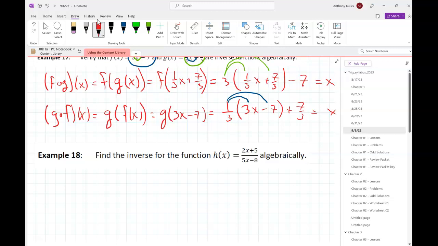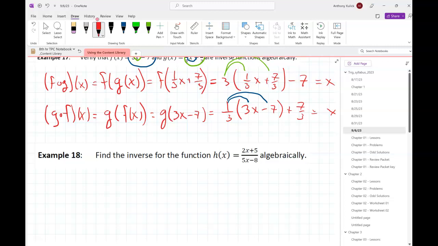Anybody want to take a risk and just throw out a guess? Look at the x's. How many locations do I have x in? 2. I have 2 separate x's in this. That's going to make life a little bit more complicated, right?